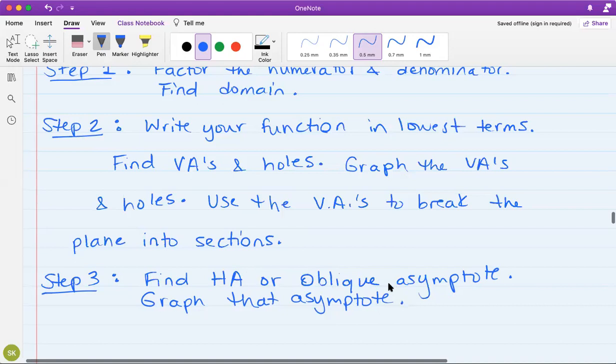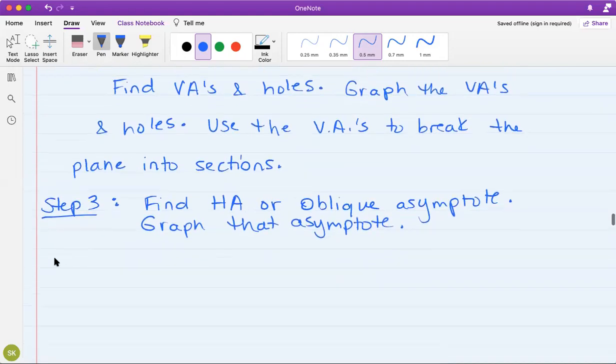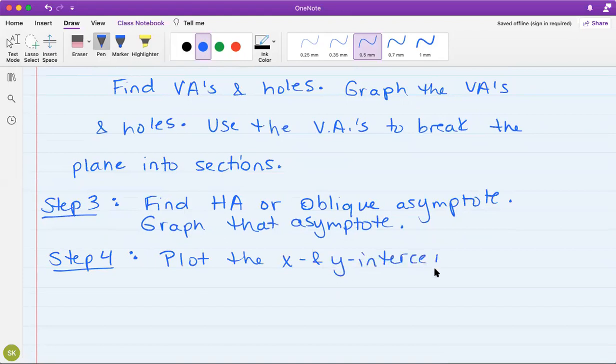Okay. Then the last thing we're going to do is plot the x and y intercepts. And we can use the multiplicity of those intercepts to help us sketch the graph.